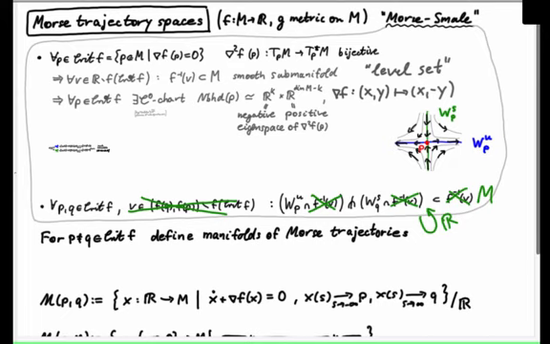And in order to get from the images of the trajectories to the set of trajectories, I would have to quotient by that R. And then I have to again prove that that action is proper and smooth and free, and I'd like to not have to do that.